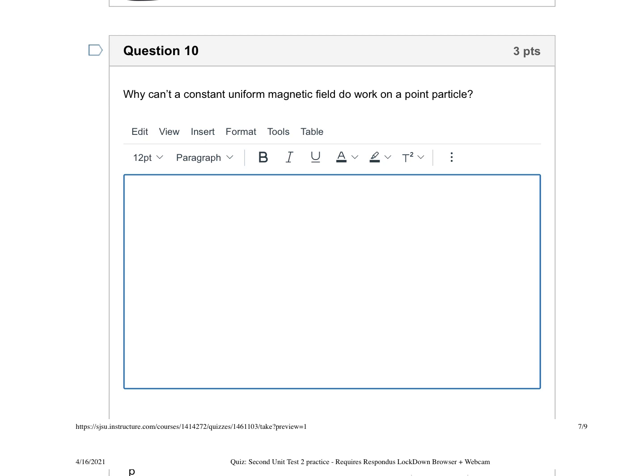I had people say, well, that's because the work is zero. But that's basically what the problem's already saying. It says it can't do work. So it's already saying that the work is equal to zero. It's not asking if the work is equal to zero, it's asking why is the work equal to zero.